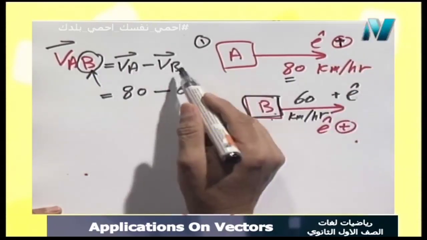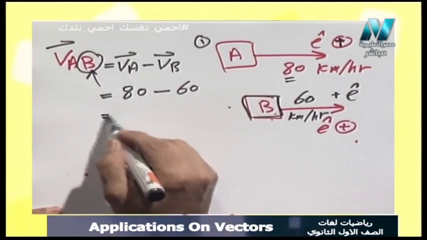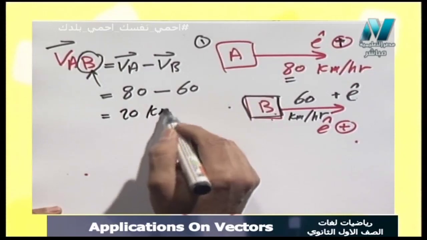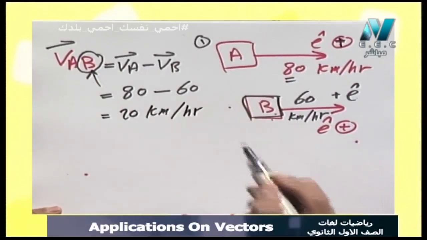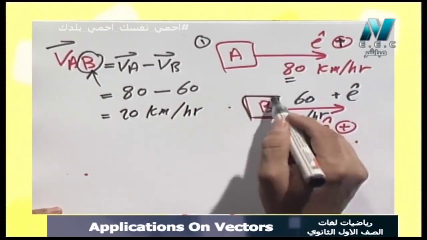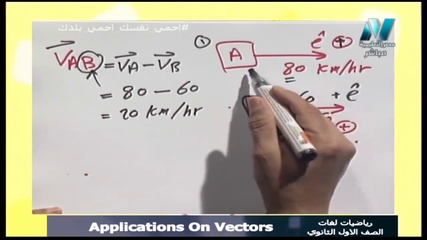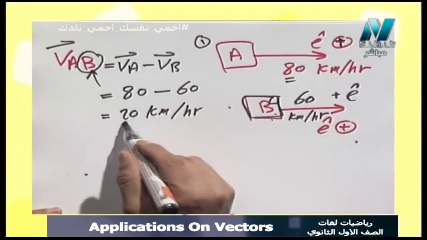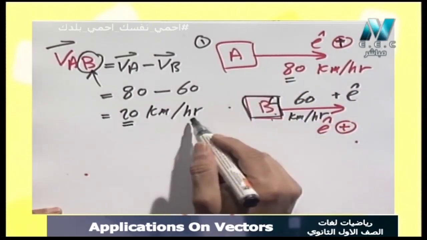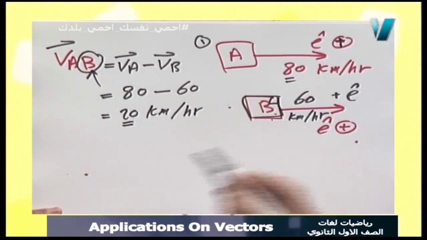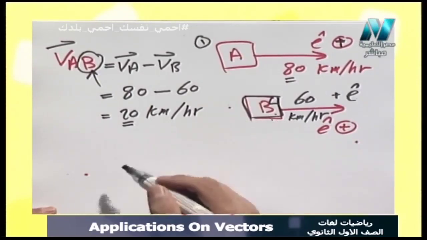So VA minus VB equals 80 minus 60 equals 20 km/h. So the driver here feels that the car A moves at 20 km/h in the same direction as him.